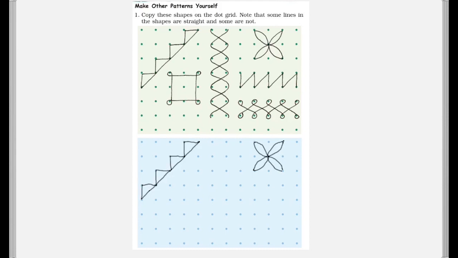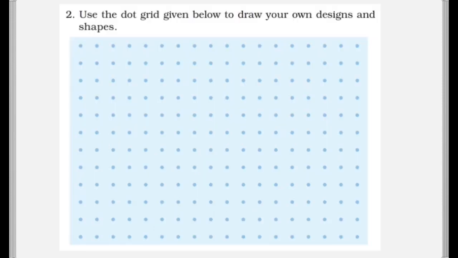So one more we have copied. So in a similar manner you can copy all of these. So use the dot grid given below to draw your own design and shapes. So we can use this dot grid for our own designs. So I'll draw one design for you and you can use your creativity on your own.